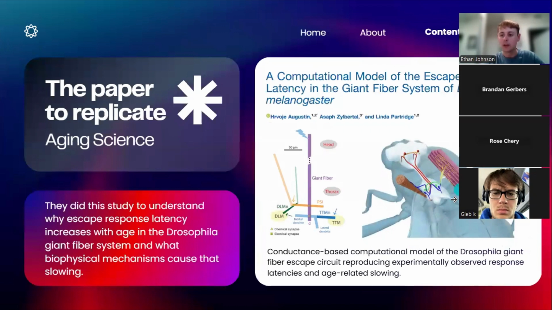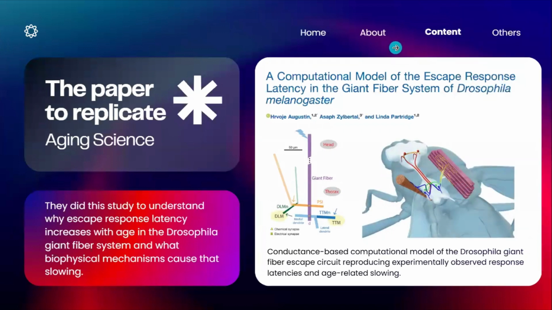So, review of the paper. Again, this paper was called A Computational Model of the Escape Response Latency and the Giant Fiber System of the Drosophila melanogaster, which are the fruit flies. So again, we were trying to understand why this escape response latency was increasing with age, and what biophysical properties could be causing this difference.